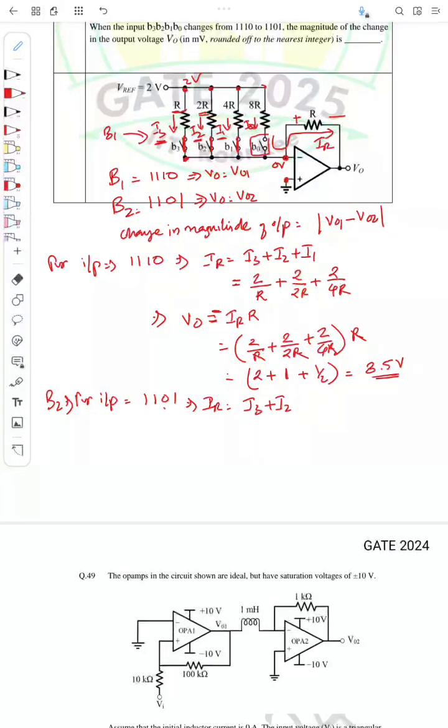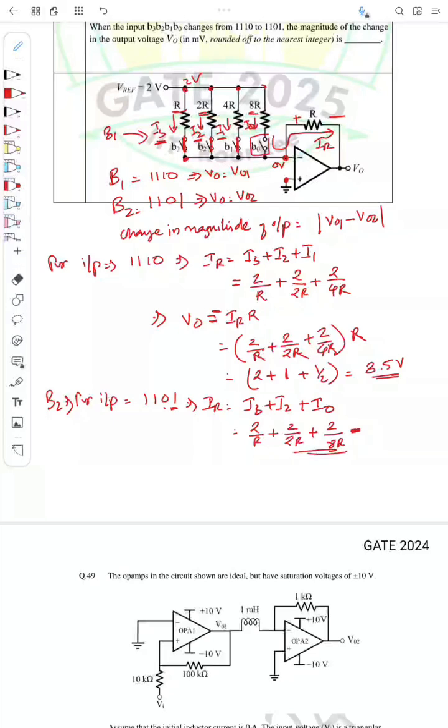Only I0 will be there. So if I substitute this, I3 will be the voltage across the resistance R by the resistance R, so it is 2 by R, plus I2 is 2 by 2R, and I0 is 2 by the resistance, which is 8R.